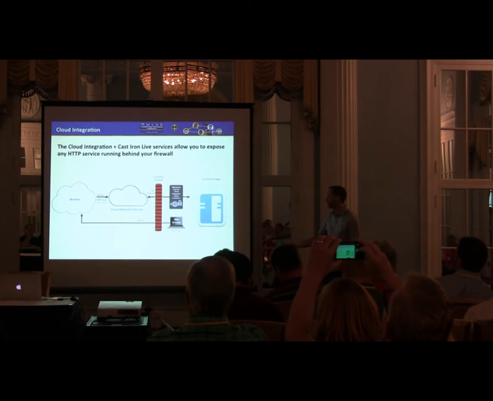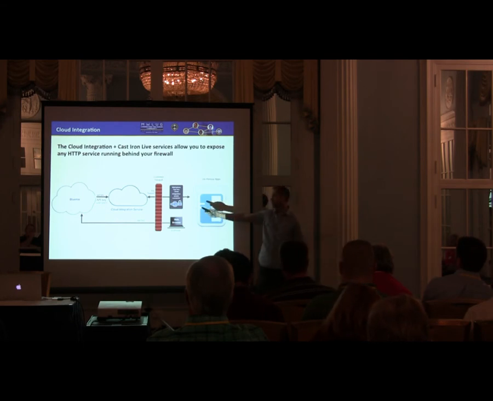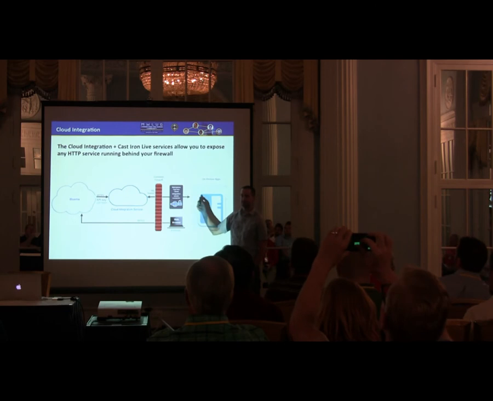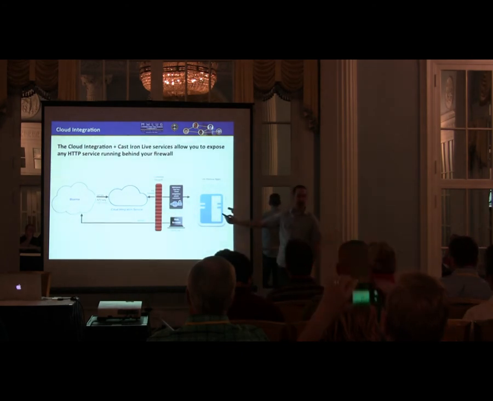Then Bluemix talks to this Cloud Integration Service, which knows about your Domino server running behind the firewall and has a tunnel set up to talk to it. So this service can talk to the server behind the firewall and call REST APIs that you expose on your Domino server to get the data. And your application talks to that Cloud Integration Service instead of directly to the Domino server.